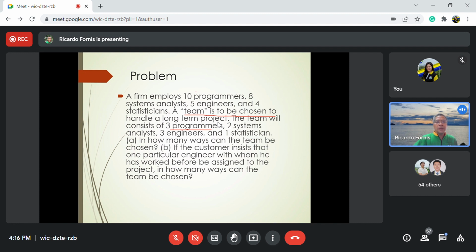So take note, there are 10 programmers, but you will choose only 3 out of 10. There are 8 systems analysts, but you will choose only 2 out of 8. There are 5 engineers, but you have to choose only 3. And there are 4 statisticians, but you choose only 1. In how many ways can the team be chosen?